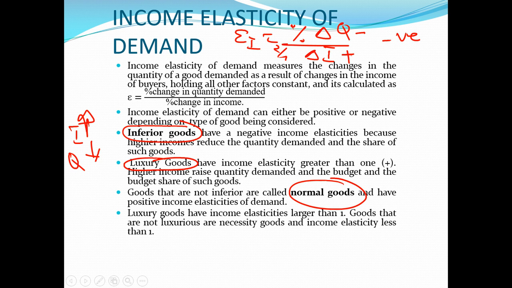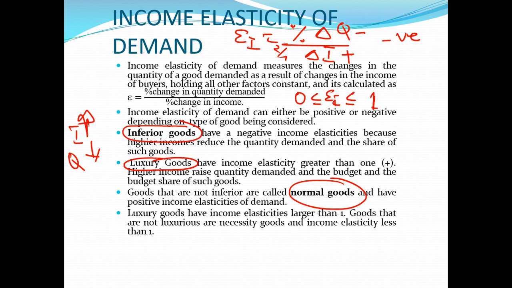Okay, then of course goods that are not inferior, these are normal goods where there's a positive elasticity, but this value is not greater than 1. So the value is going to be between 0 and 1, meaning that this is just a normal good.